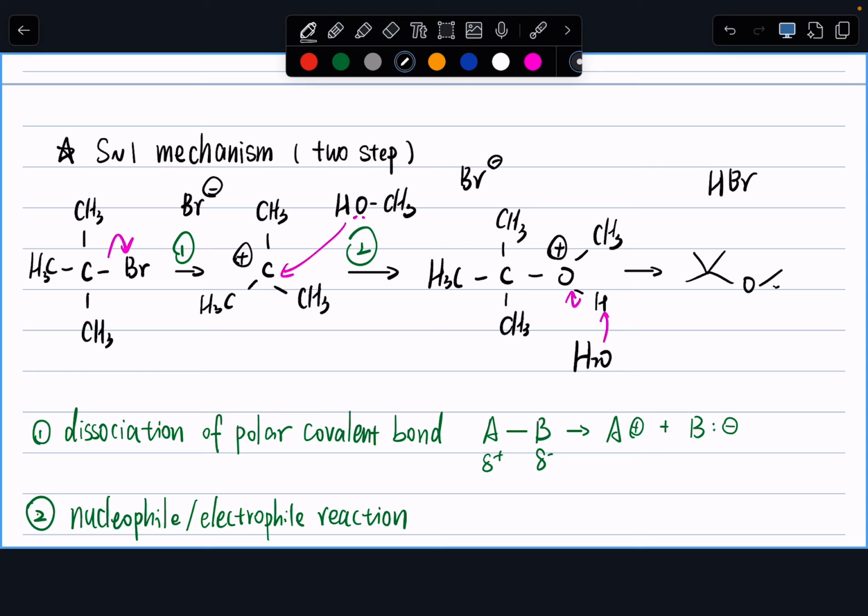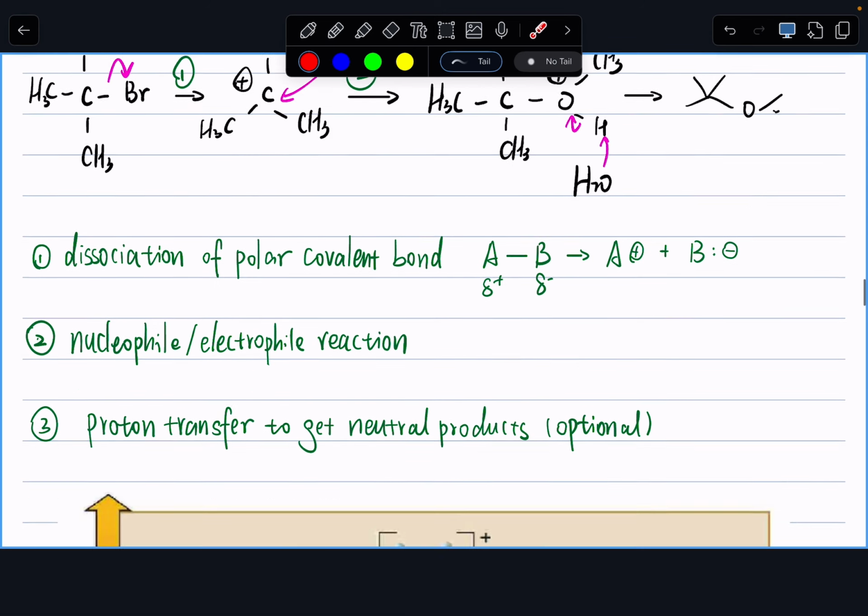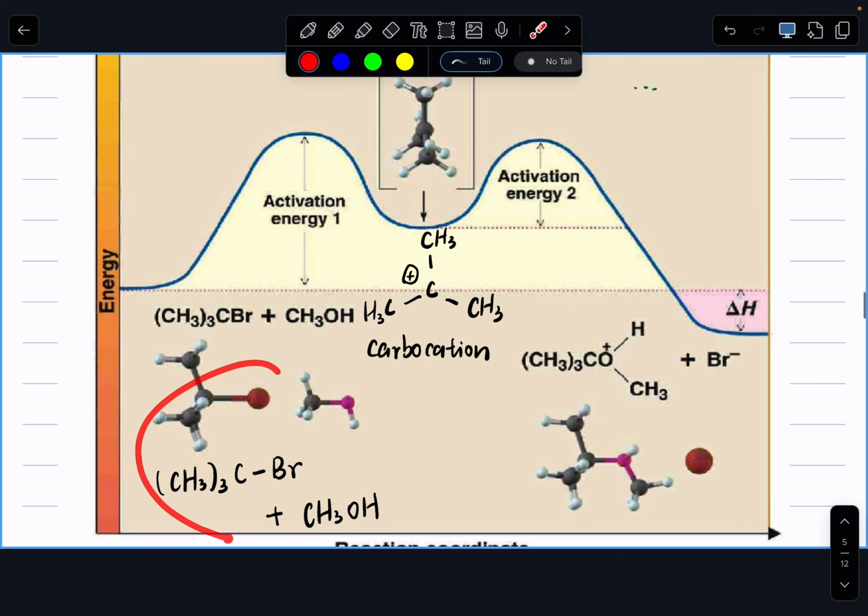So overall, if we look at the energy profile, what do we have? We have a three-step process. The first step is coming from here. We're talking about the dissociation of my carbon-bromine bond to form my carbocation intermediate. So the first step, which is the formation of the carbocation intermediate, where the leaving group leaves, is my rate determining step.